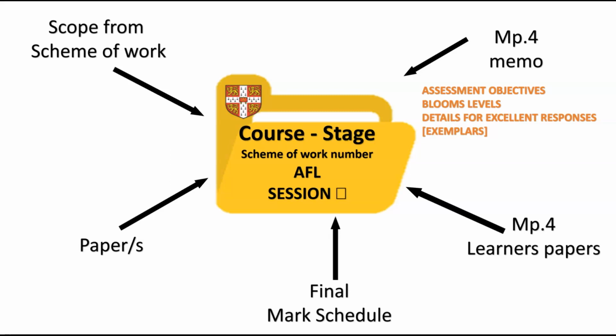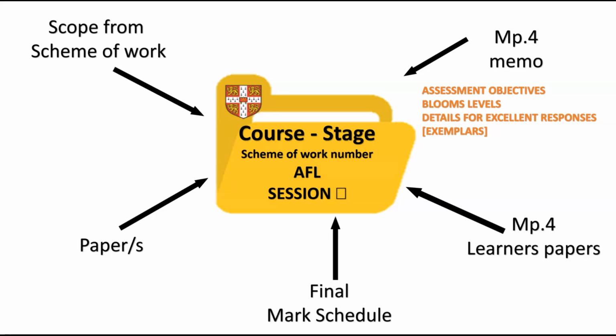Then, for October, your assessment for learning session 2 is October. The memo's due, I think, on the 5th, the MP4. You will put that into your assessment for learning session folder 2.